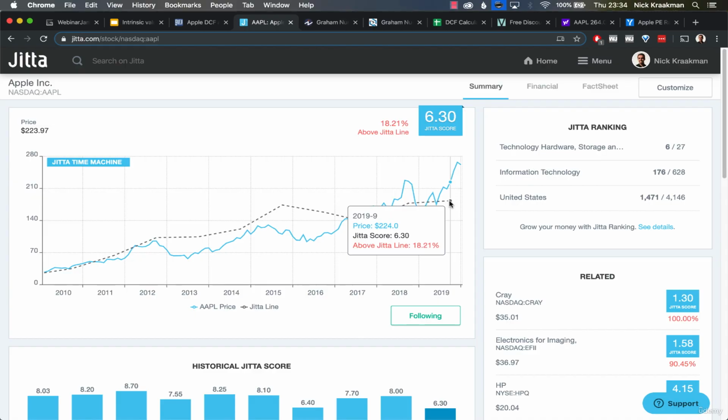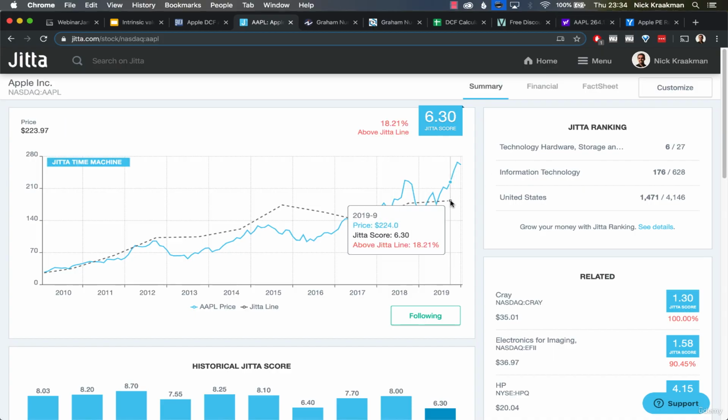So in this last measurement point they have here, we see that the Apple share price was $224, and that was 18% above the Jetta line. So that is 18% too expensive already at $224.